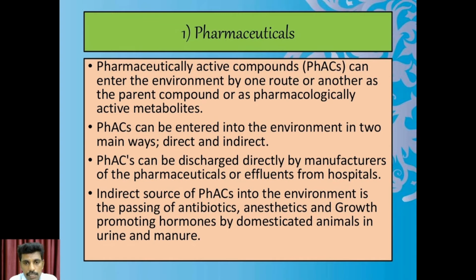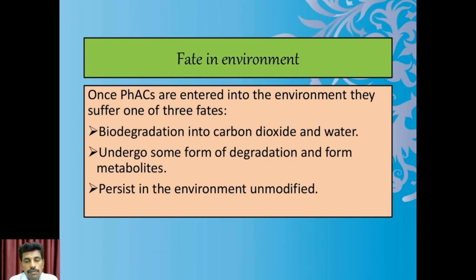Once pharmaceutically active compounds enter the ecosystem, they suffer one of 3 fates. First, biodegradation, which results in the production of carbon dioxide and H2O. Second, a chance to form metabolites by undergoing biodegradation. And third, they persist in the environment, remaining unchanged.